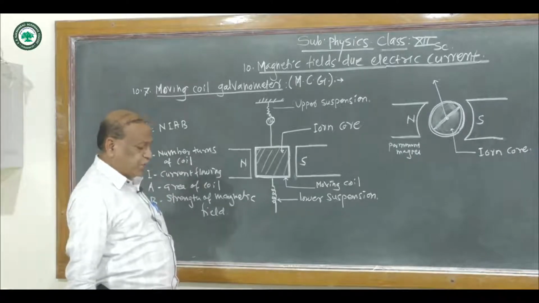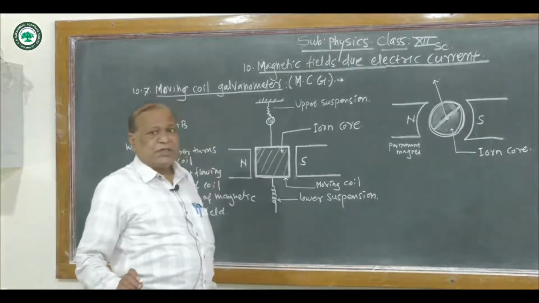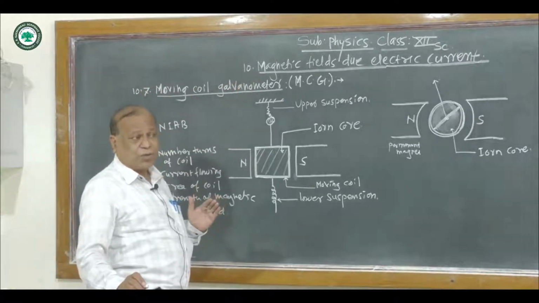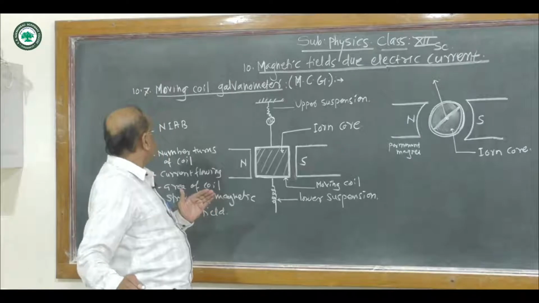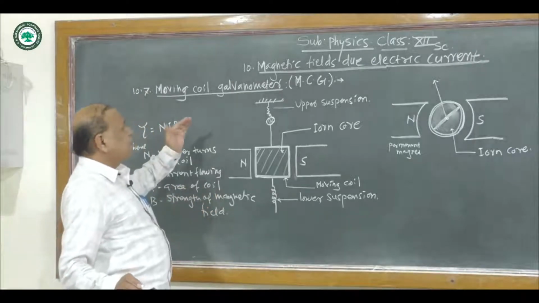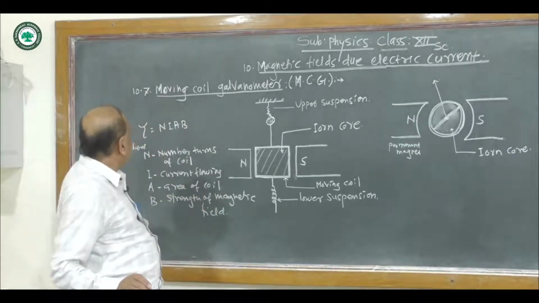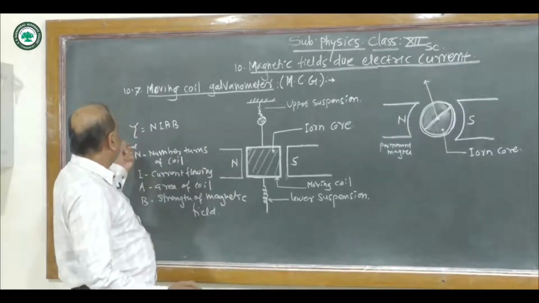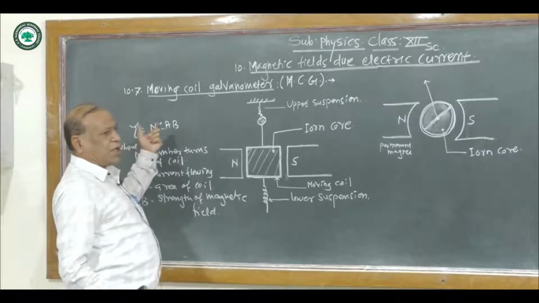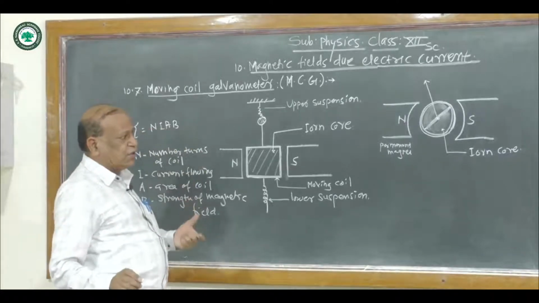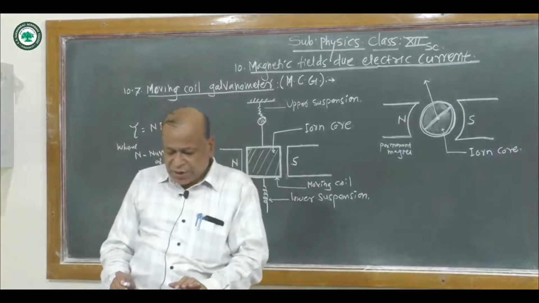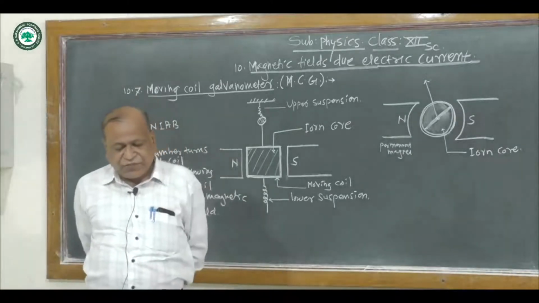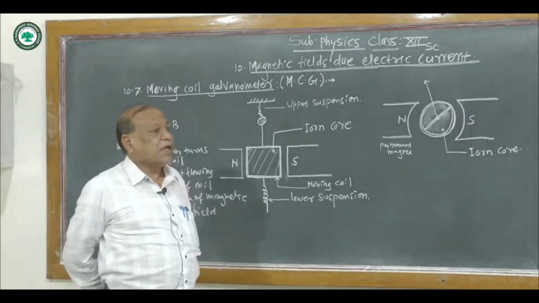Now here we have to see the construction and working of the moving coil galvanometer, on the principle of the torque exerted by a magnetic field on a current carrying coil.